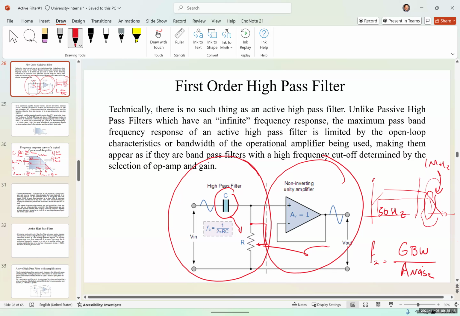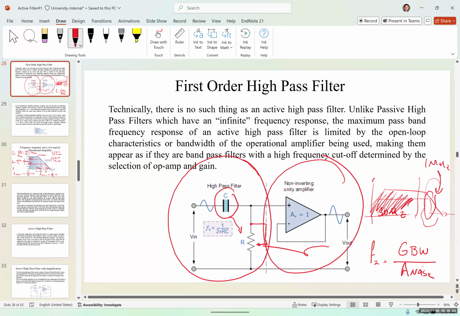So you're going to be in the safe zone. In theory, this would act like a high pass filter. Again, when you are designing an active high pass filter, the upper cutoff frequency of the op amp should be so high that the input frequency never reaches that point.